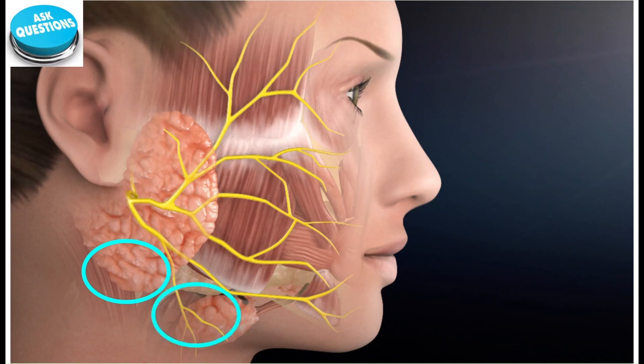Now these green circles, the one to your left is the part of the parotid that is 2 centimeters below the margin of the mandible, and the one lower down and to your right is the submandibular salivary gland. So if there is a problem in either the lower part of the parotid or the submandibular, then we have to stop, think, and decide where is the problem.